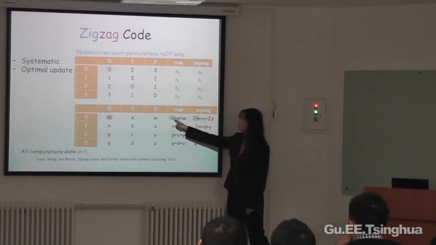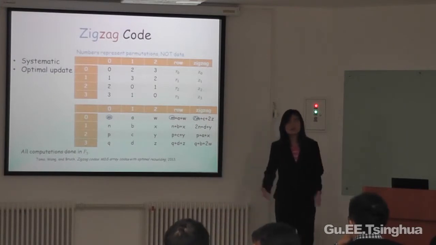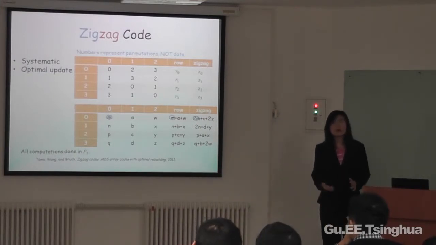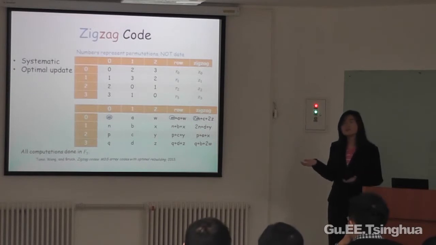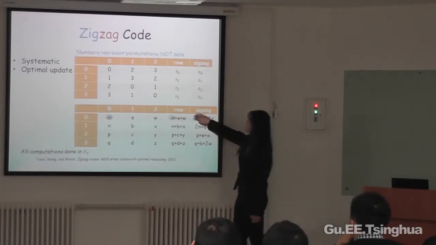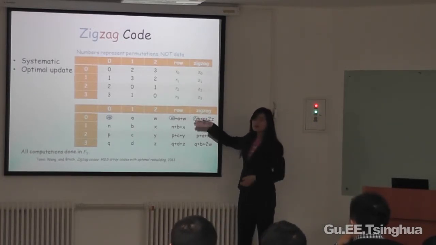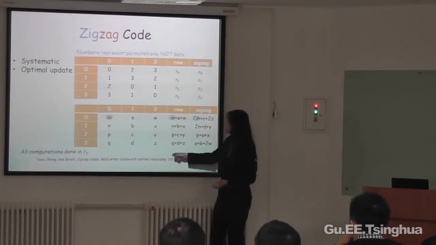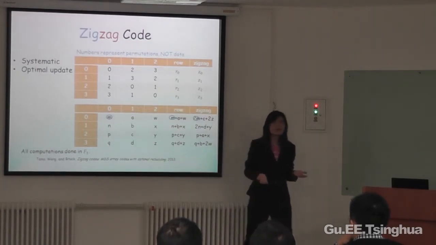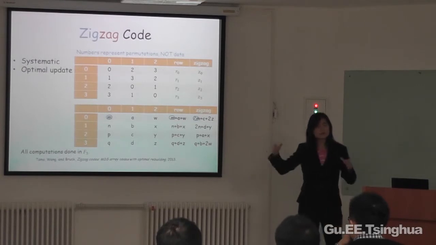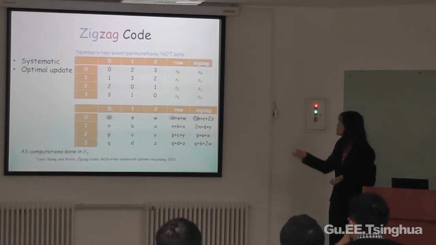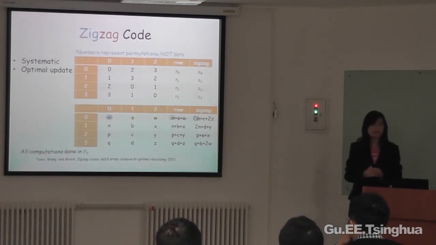For example, m is only changed 3 times in the table. And this is optimal because this code is MDS. Suppose that m only appears twice in the table. Now if I lose this column and that column, I will lose the value of m. Therefore, m has to appear at least 3 times. So we say that this is optimal update.